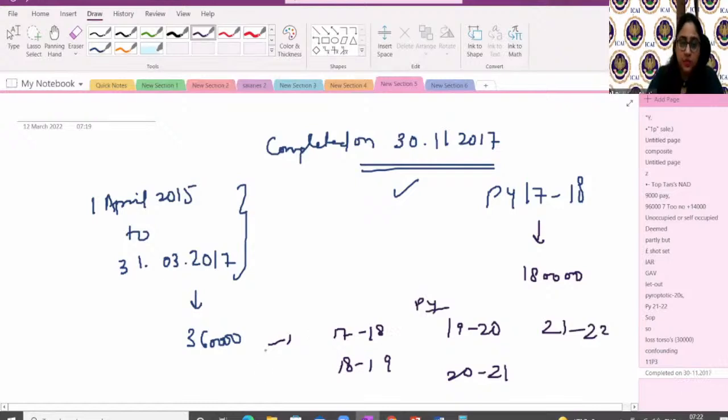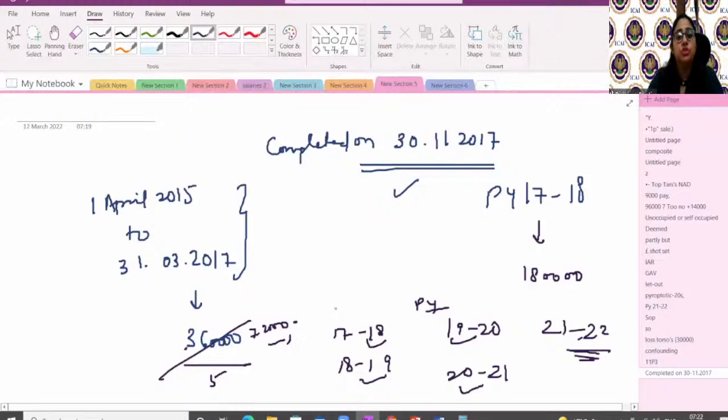So, 1/5 installment of this can be claimed every year, right? Correct? So, 72,000 would be claimed every year. This year I claim, this year I claim, this year I claim, this year I claim. I am in previous year 21-22, which is the last year of claiming the pre-construction period installment.